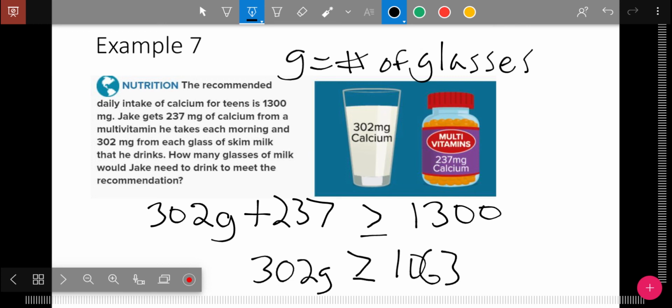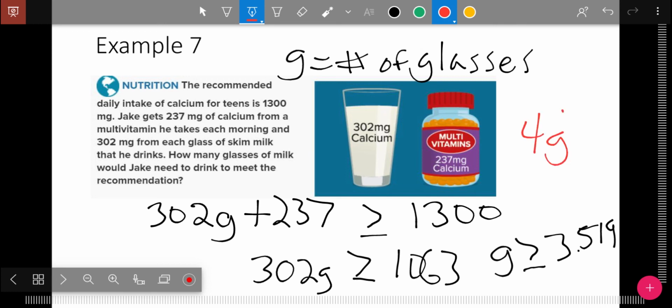I divide that by 302. All right, I get that he must drink greater than or equal to 3.519 glasses. And so how many glasses of skim milk must he have? The answer would be 4. He needs to drink at least 4 because that's more than 3.519.